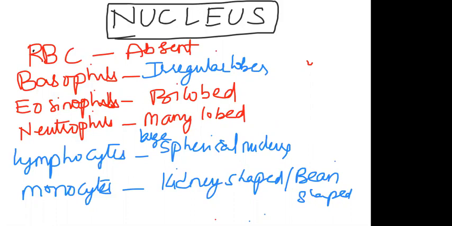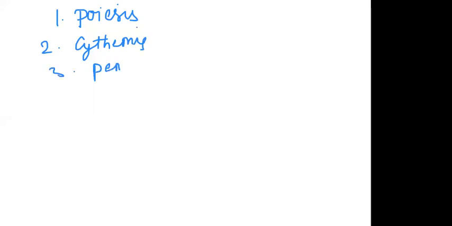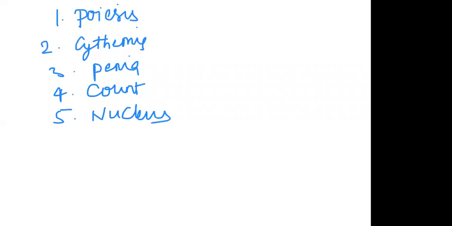Before we continue, let me say once again the items we have taken. Number one, we started with poiesis. Number two, cythemia. Number three, penia. Number four, the count, and now we went through nucleus. I request all of you to take a screenshot of this and make your own notes by searching the text on fluid connective tissue, the blood.